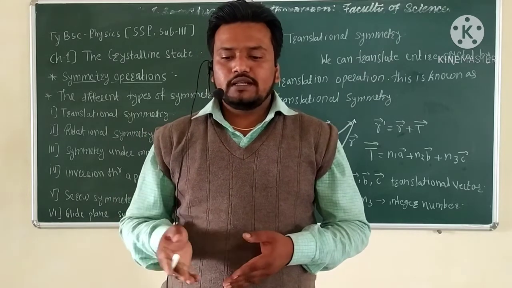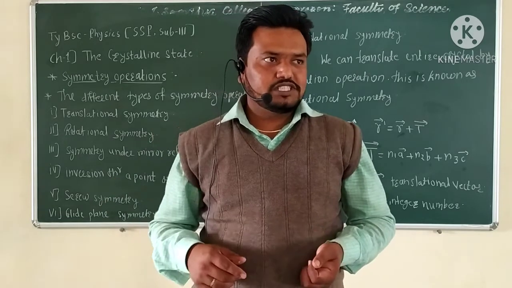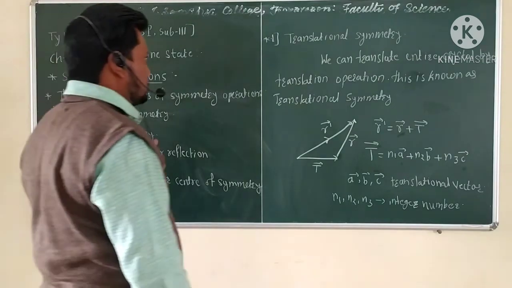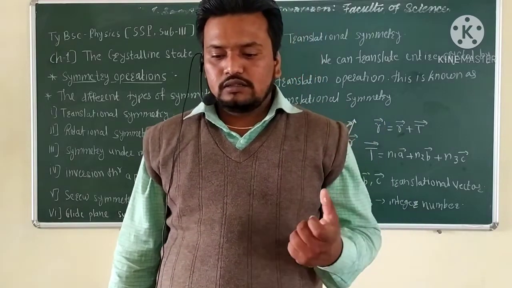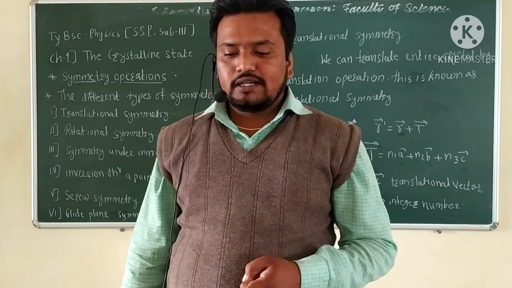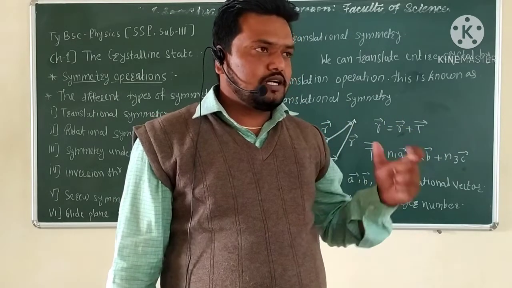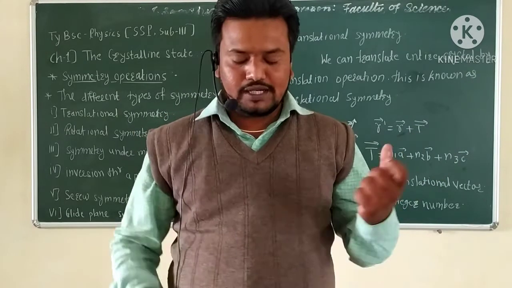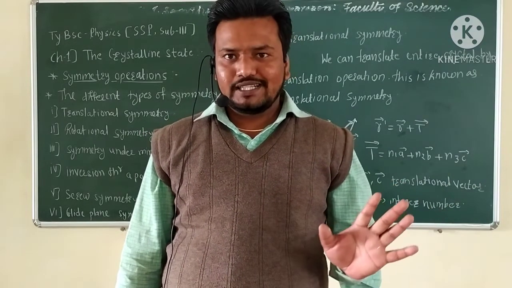The next symmetry is rotational symmetry. To understand rotational symmetry, consider, as in the last lecture, an equilateral triangle where each vertex angle is 60 degrees.